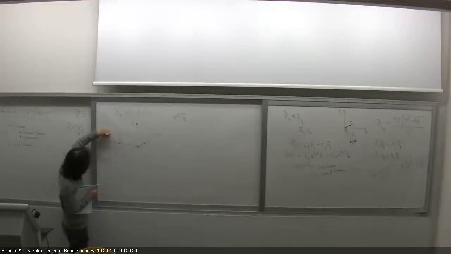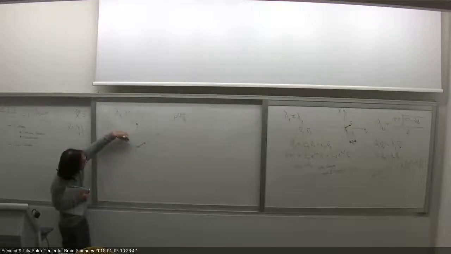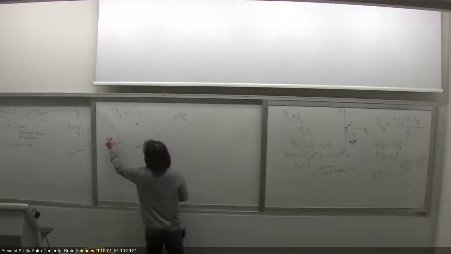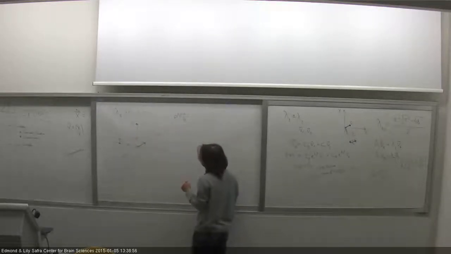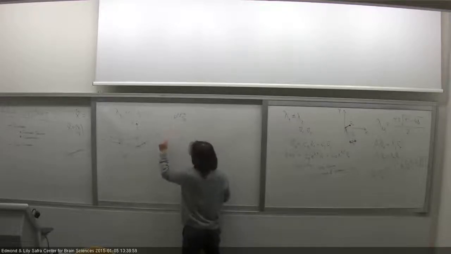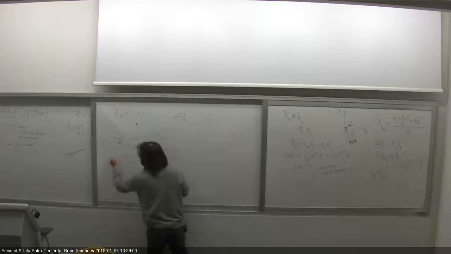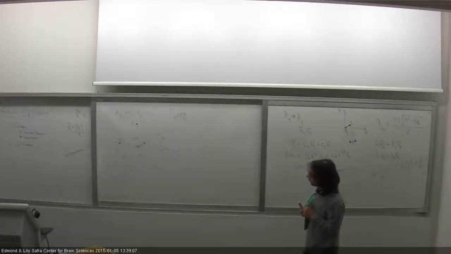If you start here, for example, you are expected to flow to the origin, because you have a strong v2 component. But you also have a v1 component that always grows. So your trajectory will look like this. And similarly from here, and from here, and from here, you go in along v2, and you go out along v1.